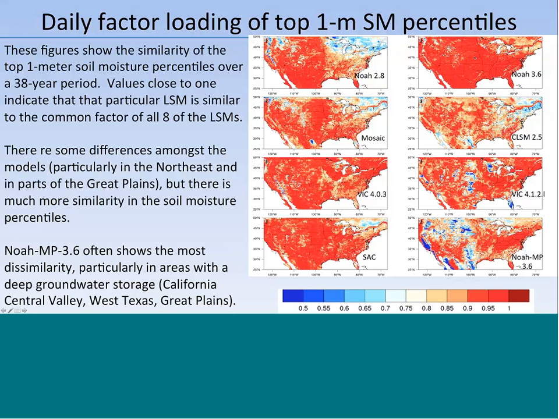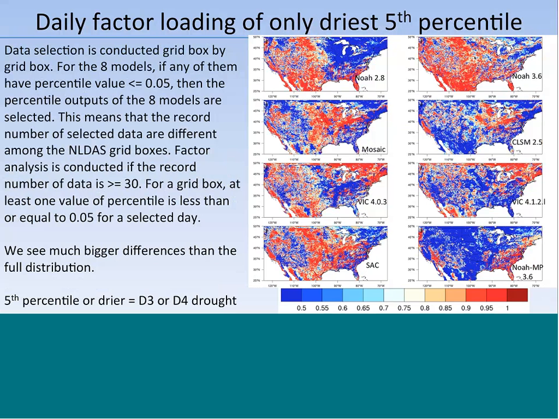But what's interesting is if you look at the driest 5%, the 5th percentile for soil moisture, which roughly corresponds to a D3 or D4 drought, what you see is that they actually become quite different. NOAA 3.6 still is mostly red, which means it does reflect the mean, but there are certain areas like the Northeast where it doesn't.